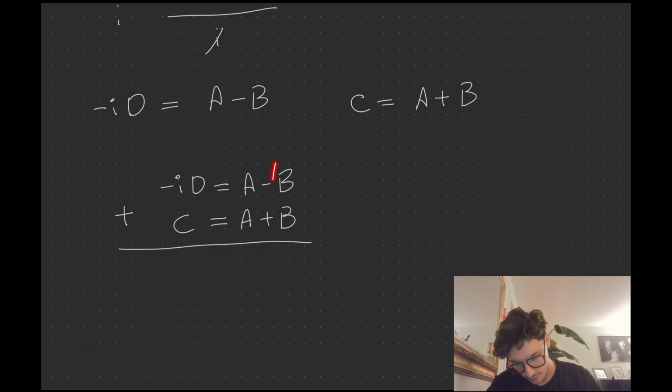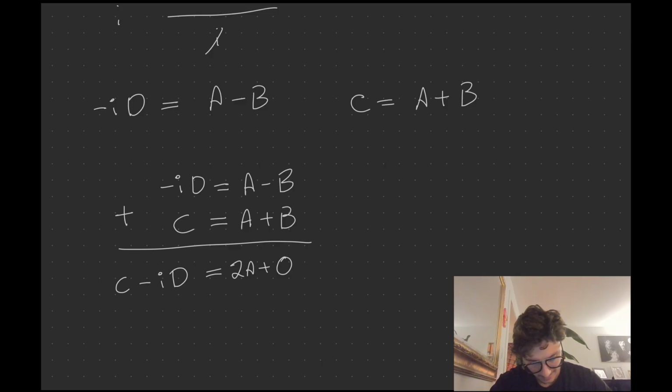Add column-wise, the equal sign remains. So minus B plus B is equal to 0. A plus A is equal to 2A plus 0. Equal sign stays. Then we have C minus ID.